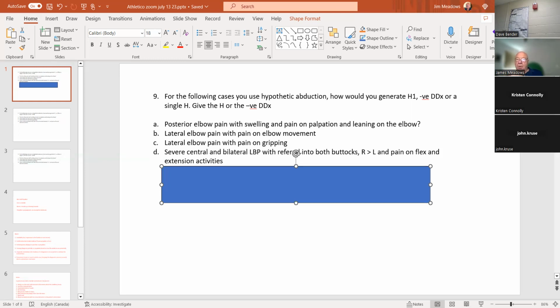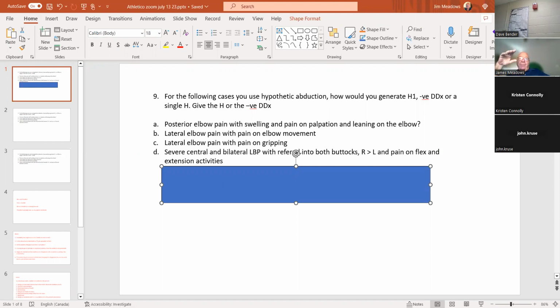So its main problem is going to be extension, more specifically, lordotic activities, because that's going to force it forward more. Whereas things like sitting, you're not compressing anything here. If this is a spondylolisthesis, it won't be compressing the disc. So with a spondylolisthesis, you expect to see more pain on prolonged standing and walking. Okay. That makes sense. Thank you.